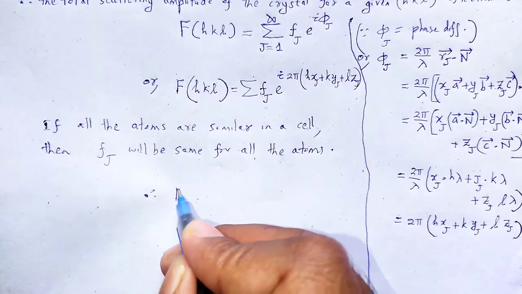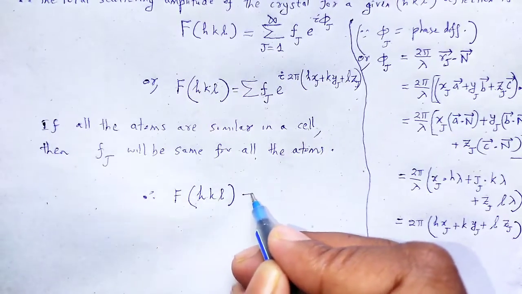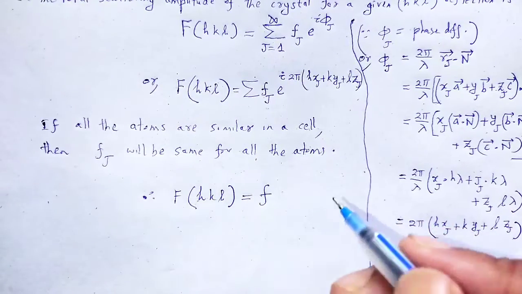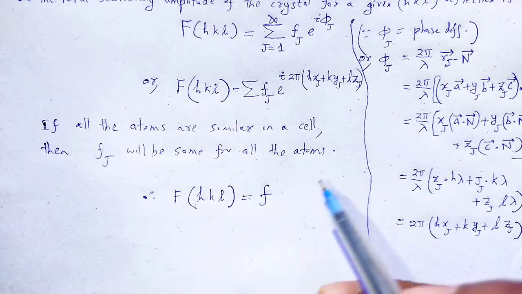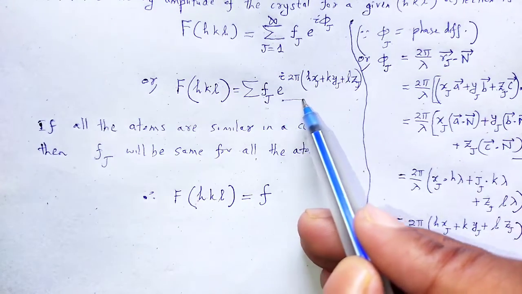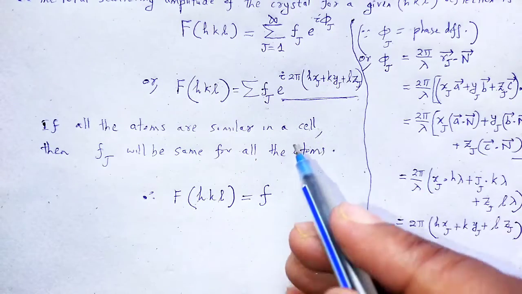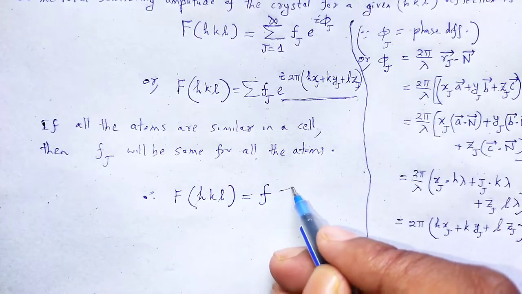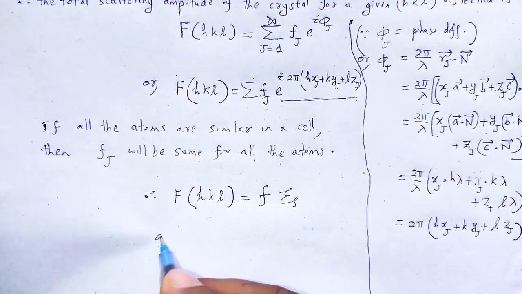Therefore, f of hkl is equal to small f, the atomic scattering factor, into that given term. That given term is nothing but zeta, the geometrical structure factor.